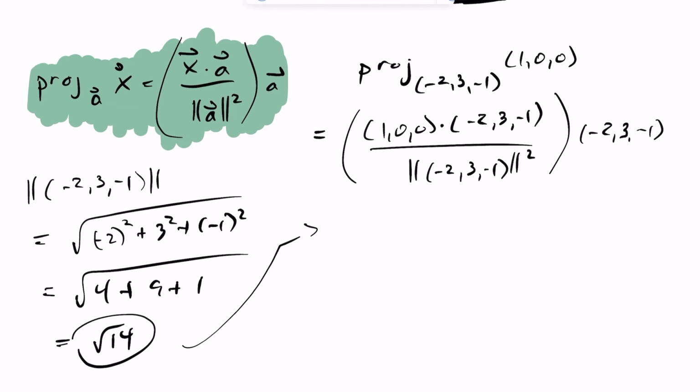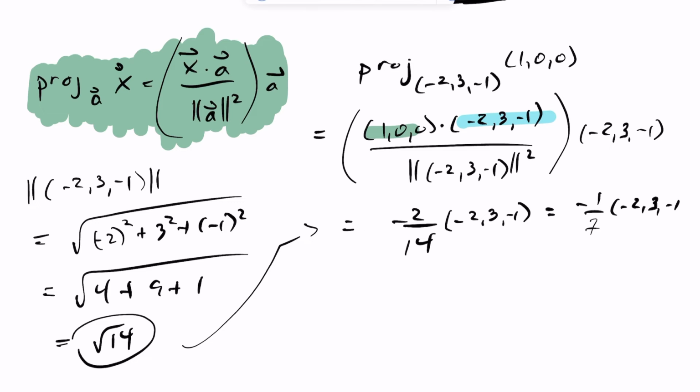So when I put that into this equation, you'll notice your standard basis vector acting on this is just going to grab the first coordinate. So this is going to be -2 over 14 times the vector -2, 3, and -1. Reducing this, you end up getting -1 over 7 times -2, 3, and -1.